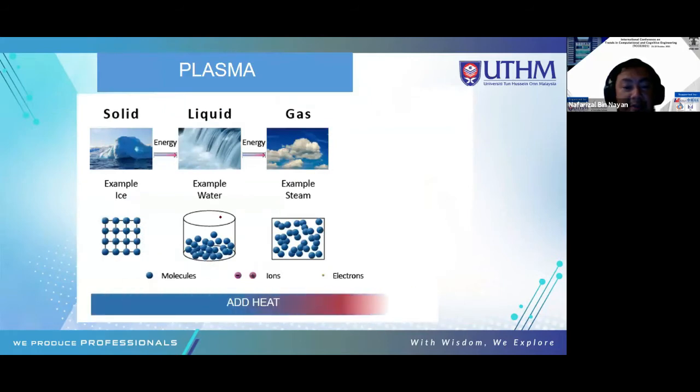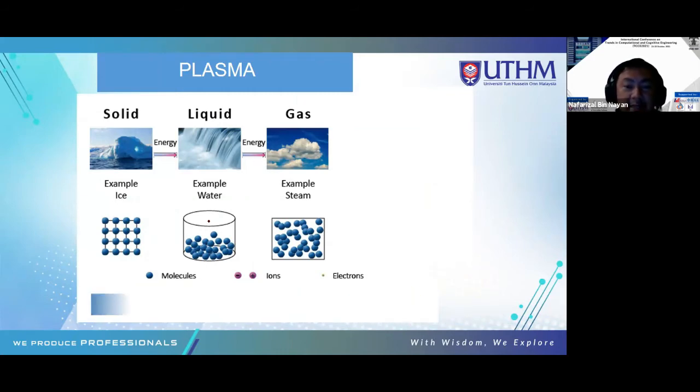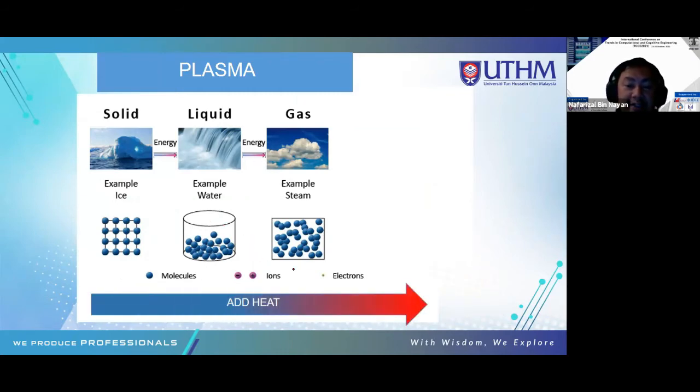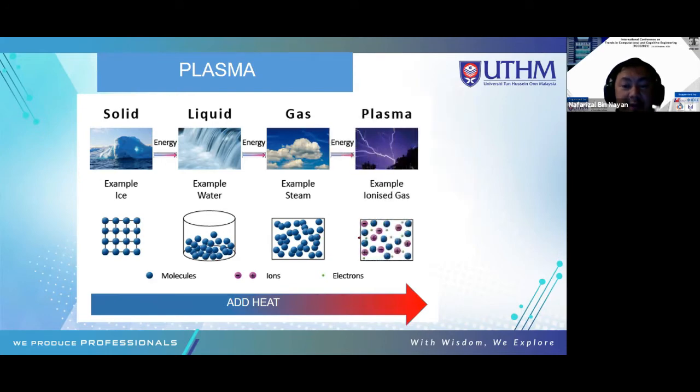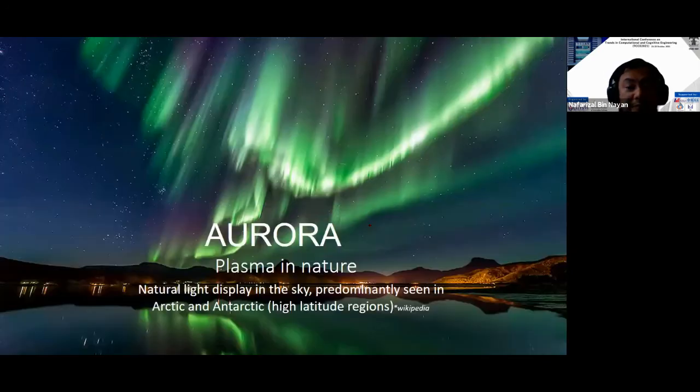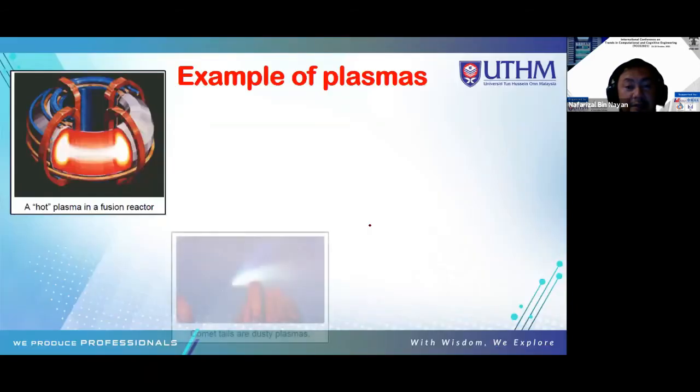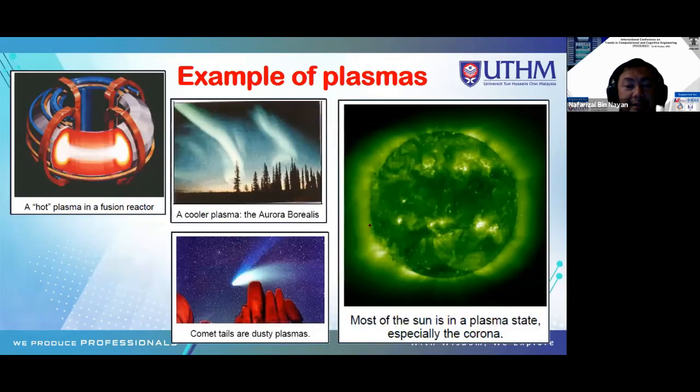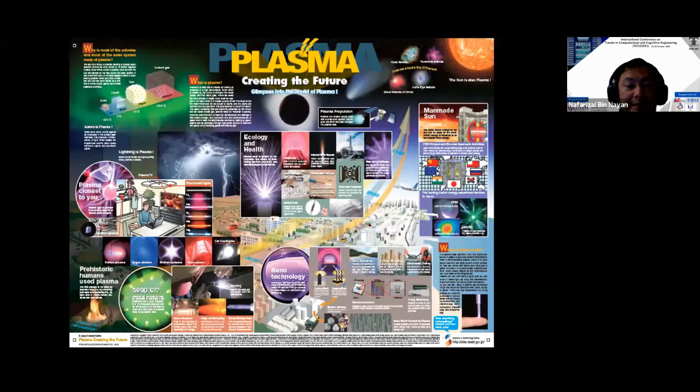As I mentioned, if you want to recap, plasma is something where we add energy to the gas, so we can have an ionized gas. We can have atoms, electrons, and ions inside one space. That is what we call a plasma, right? These are all examples of the plasma that you can see. This is just a recap.